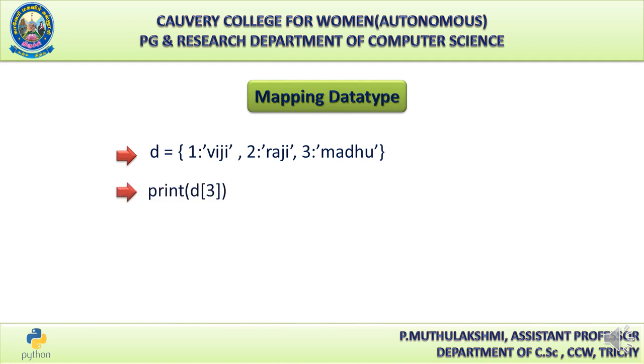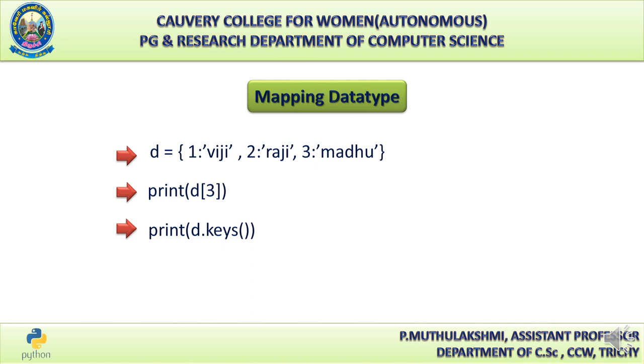If I give the statement print D of 3, it returns the value Madhu. That is, the value stored on that key is printed by this statement. If you want to retrieve all the keys in the dictionary, print D dot keys, it returns 1, 2, 3.